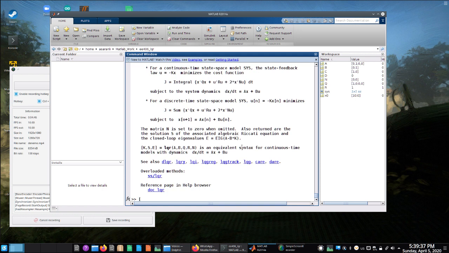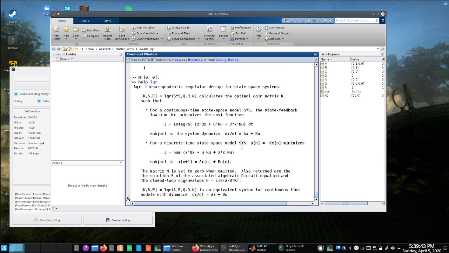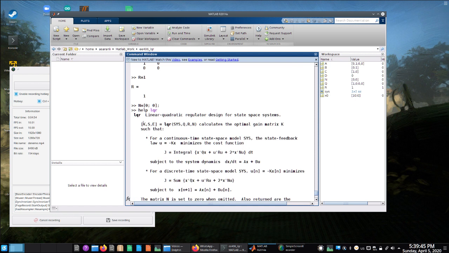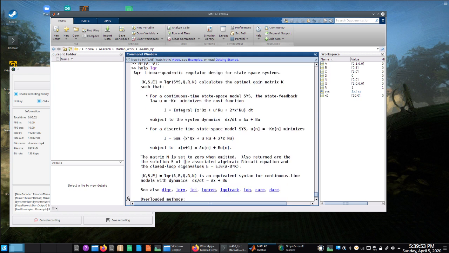So we will design the LQR by having our return values. You see these return values at the top are specified here. So this will calculate the optimal gain matrix K. Okay, it's gonna also give us, let's see what else is being returned.